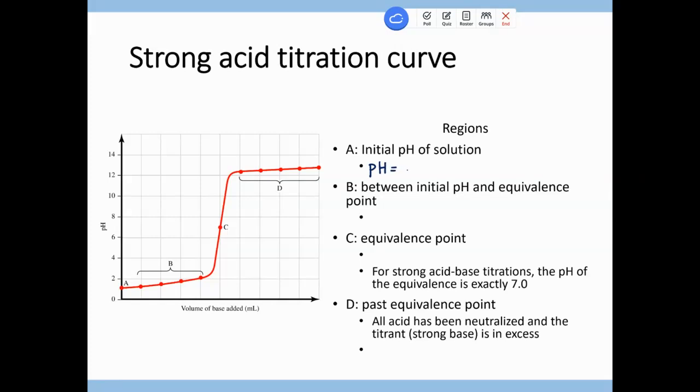So we'll say pH is negative log of H3O+ concentration, which would be negative log of the acid concentration since definition of a strong acid is that all of the acid dissociates. That means any acid that's added is going to produce the same amount of H3O+.